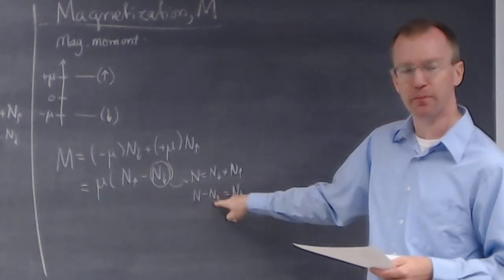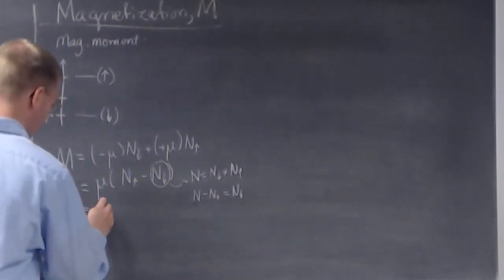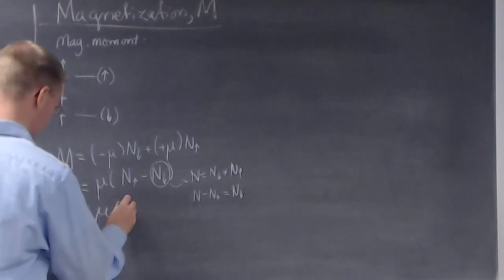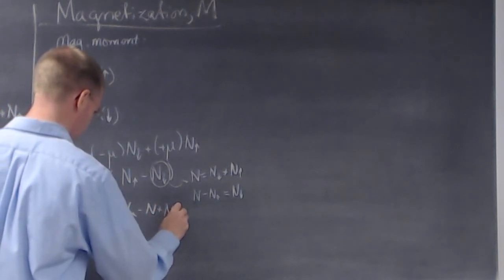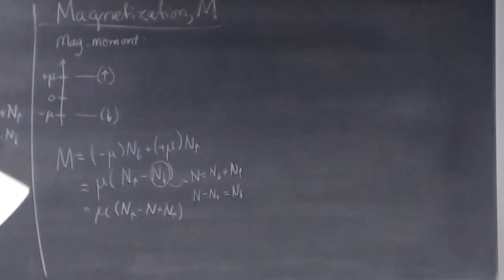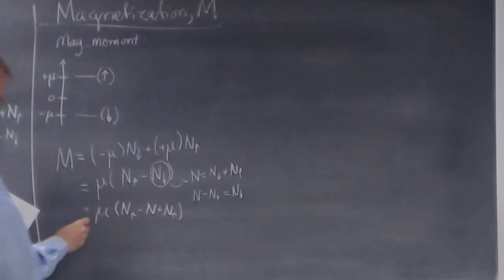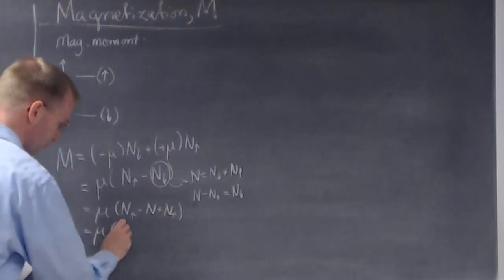Number down is n minus number up. I plug that in. And what I get is 2 times the number up minus the total number, all times mu.